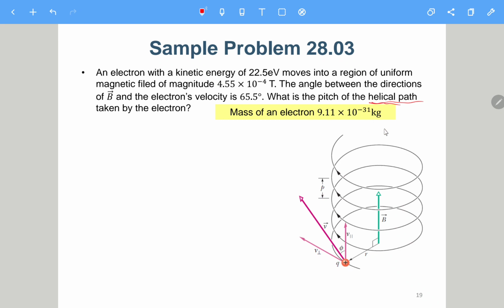And the pitch means that if you find an axis for this helix, and then project this helix line onto a plane perpendicular to this axis, they will be the same circle. So if we take two adjacent circles, for this point and this point, we measure this distance. This is actually the pitch.